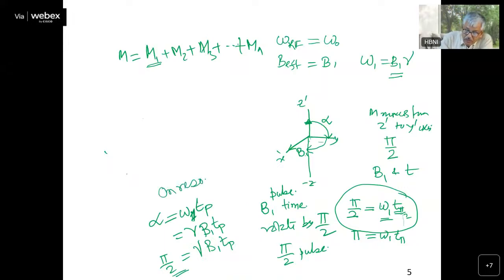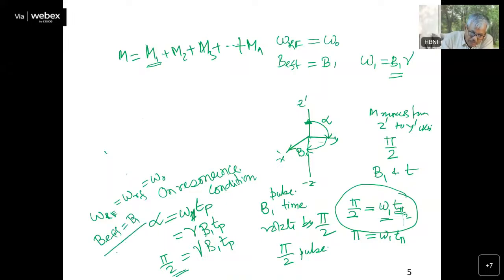If you have only one frequency, you can apply omega RF equal to omega 0, so that your B effective is equal to B1, and it will lie along the x axis.